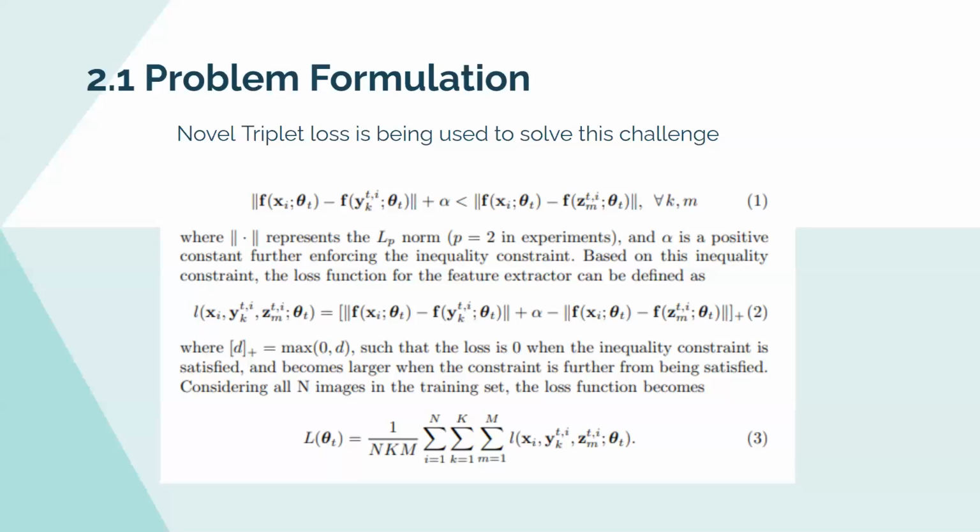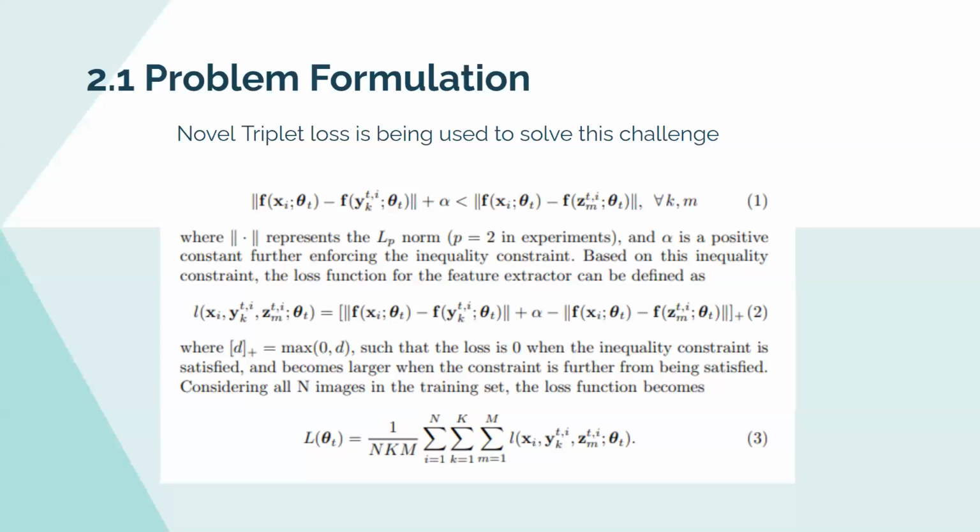So with this, from the first equation, f of xi comma theta t minus 1 minus f of yk comma theta t plus alpha is less than the right-hand side. It means that among the nearest neighbors of any specific image, one or more neighbors may not be from the same class as the training image.